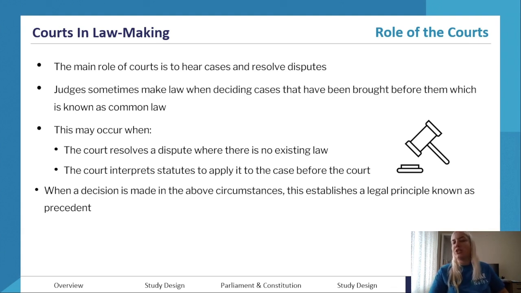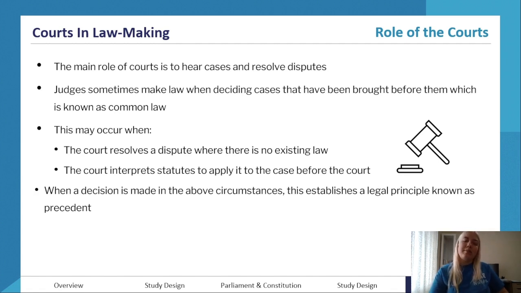Of course, judges could be wrong about this either way because there's a gap or a lack of clarity or a mistake. Common law will be developed. So be really confident in discussing these 2 points, the requirements that must be present in order for common law to be made through judicial disputes.